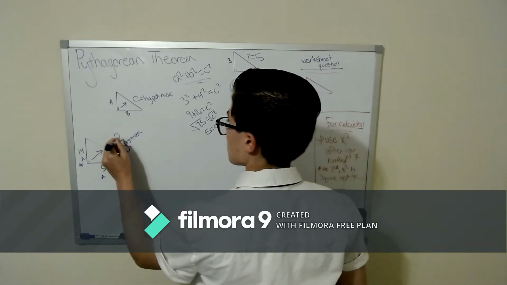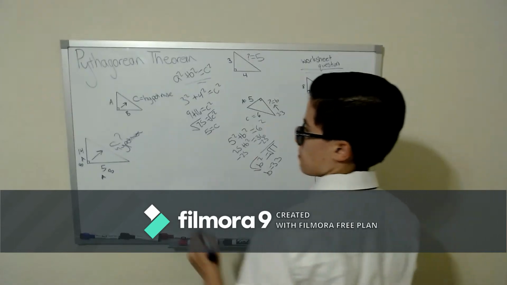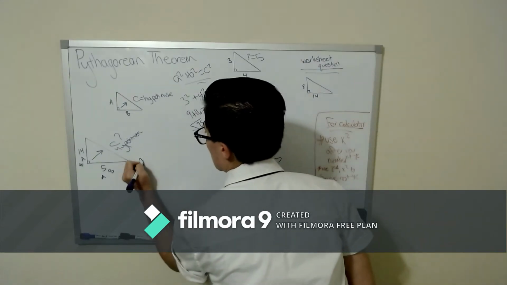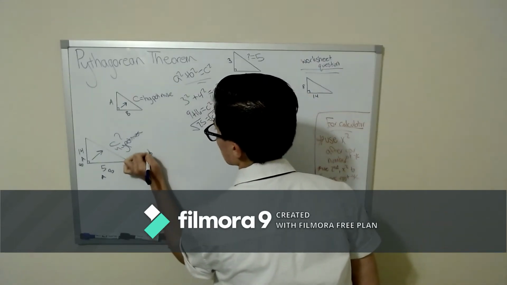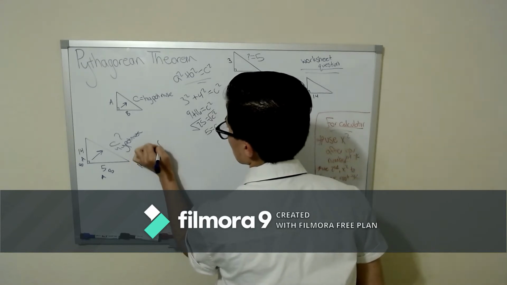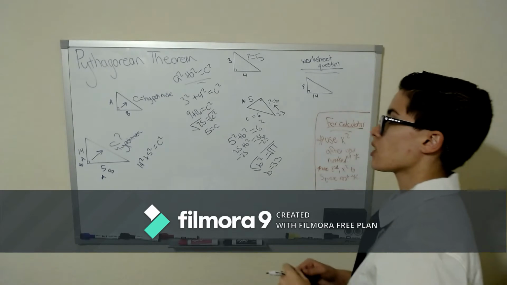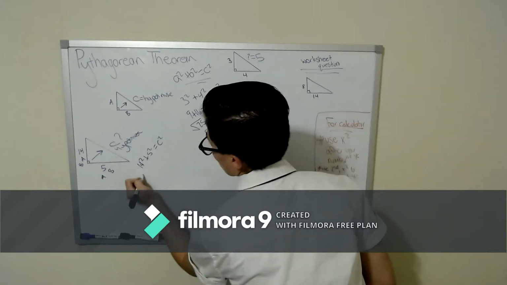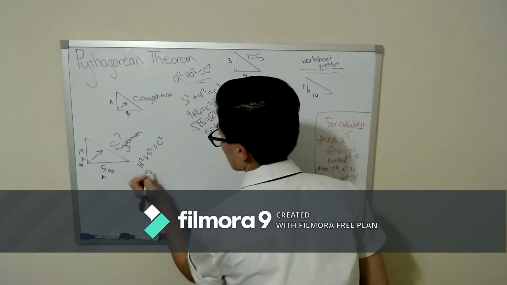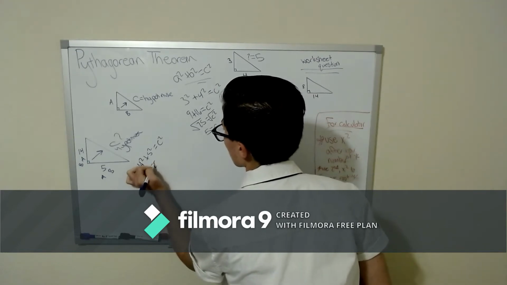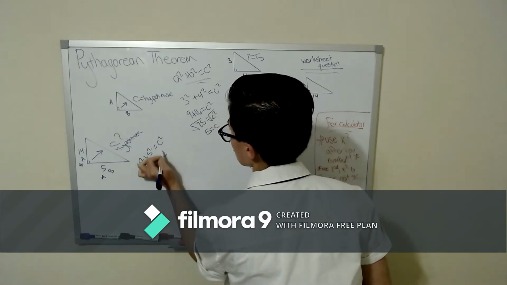And for this equation, we will be looking for C. So 14 squared plus 5 squared equals C squared. So 196 plus 25 equals C squared.